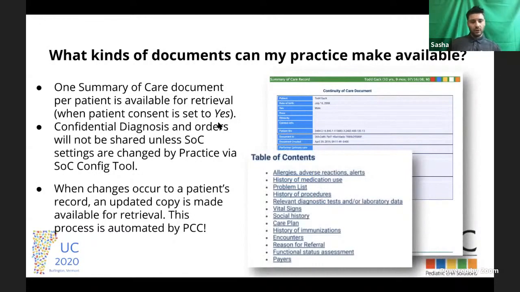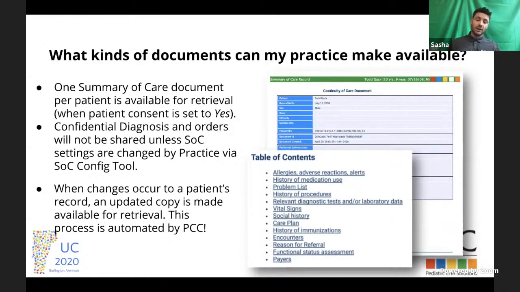we provide one summary of care document, and that is the most recent and up-to-date document that gets ready for retrieval. At any point there's a change made to any of these contents that you see on my slide, that would be allergies or problem list or patient demographics, PCC EHR will automatically update that document.